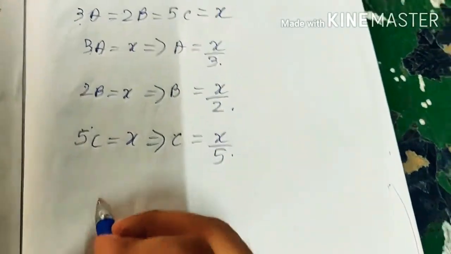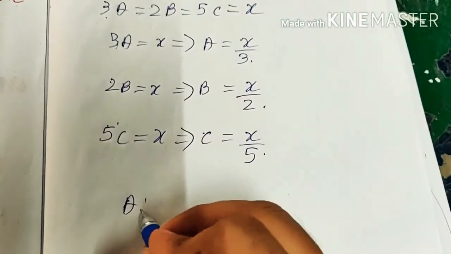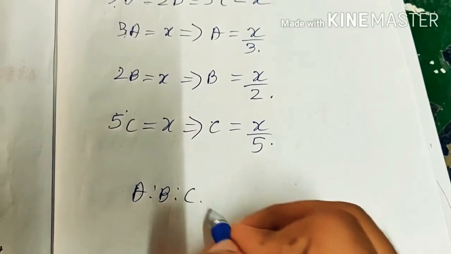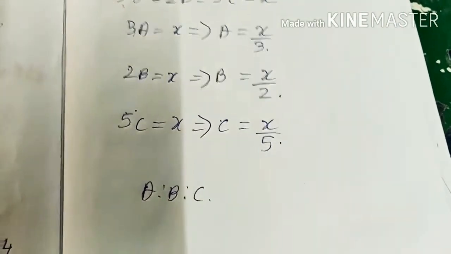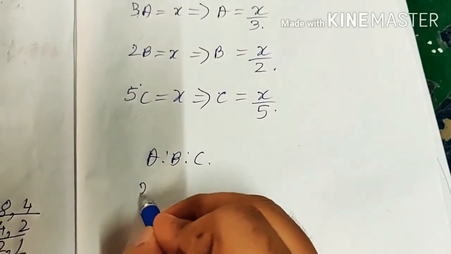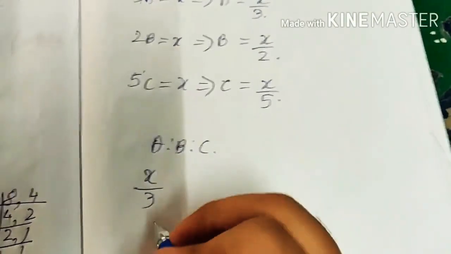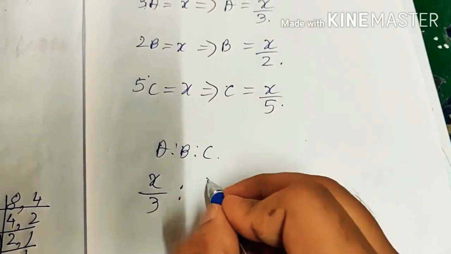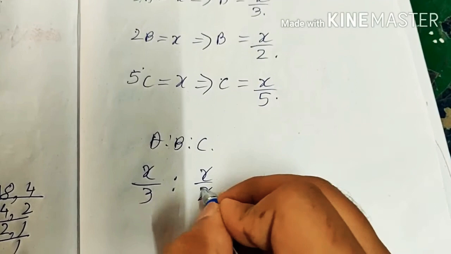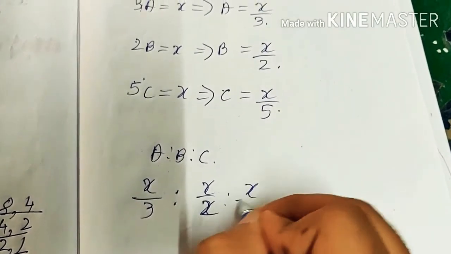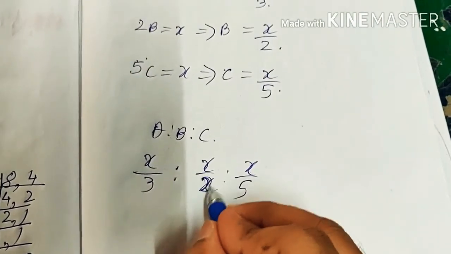Now you have to find the value of A is to B is to C. So what you can do? X upon 3 is to X upon 2 is to X upon 5.